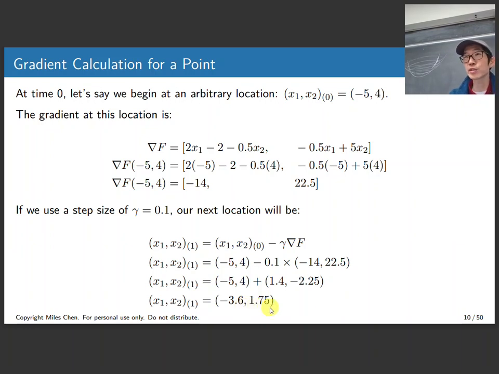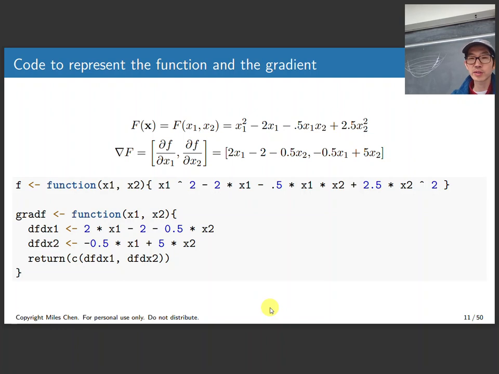And I'm going to plot this so you can see what this looks like. Okay, here it is on the computer. I have a function that takes in x1 and x2, and this is the output: x1 squared minus 2x1 minus 0.5 x1 times x2 plus 2.5 x2 squared. Then we're finding the partial df dx1 and the partial df dx2, and returning a vector with those two things together.